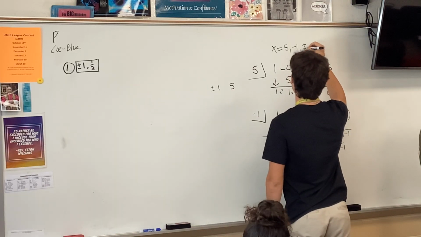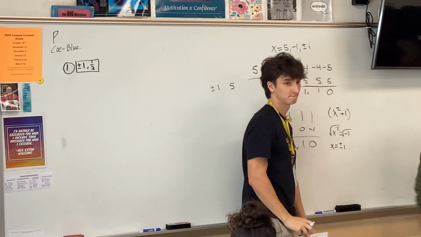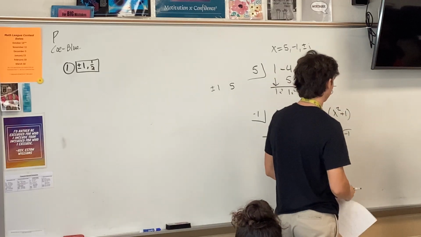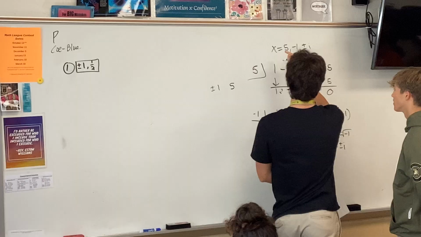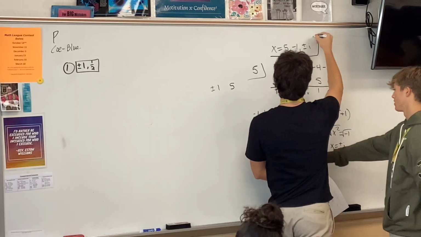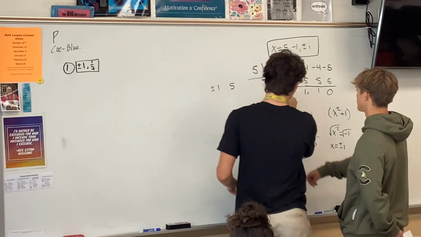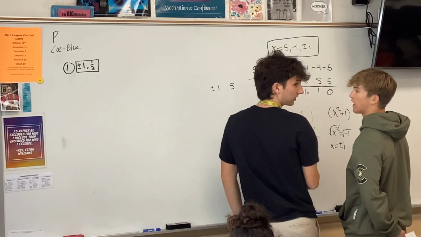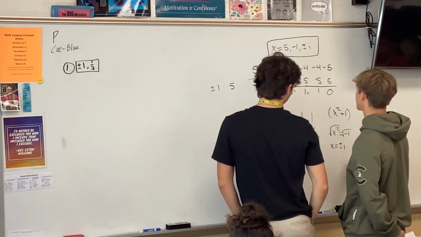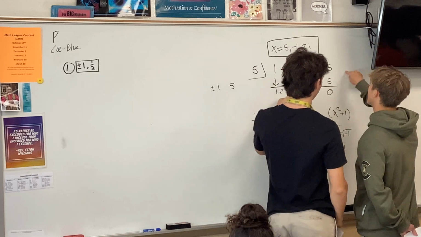Does root 1 just come out and just be i? Yeah, it's just i. So what do we have now? Why do we do this again? You guys got it? Does it come out?